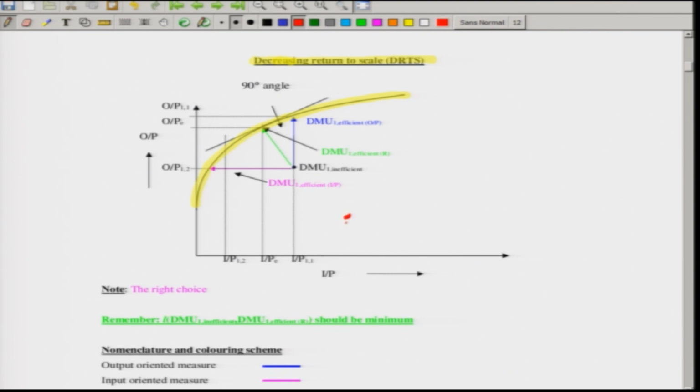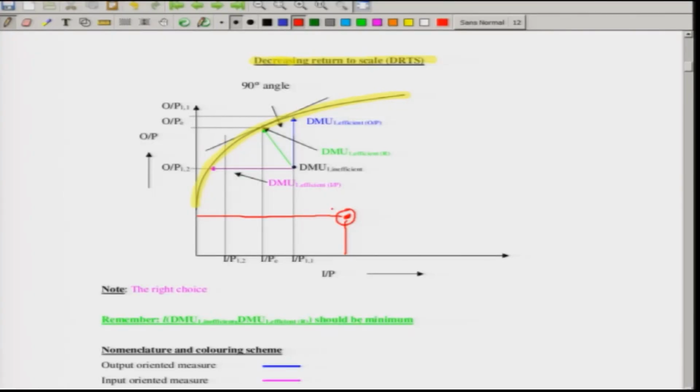Now, if you consider the input is here, the output is here. Now, if I am looking at the bundle of input and output, what would I basically think? There can be two ways. One is at the same level of input or output, I will basically try to minimize or maximize.